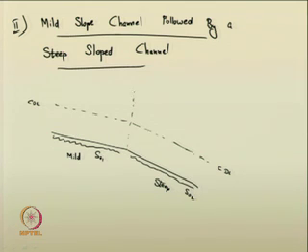So, why is this called mild slope? Because its normal depth is above the critical depth line, and this is steep slope because here the normal depth is below the critical depth.